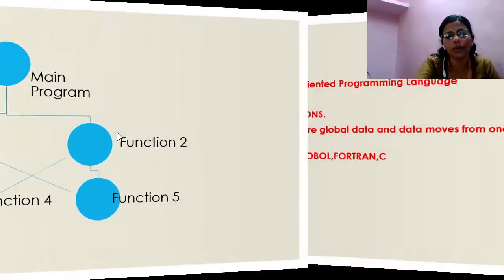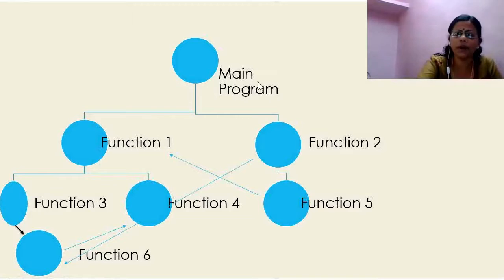I'll show you through a picture. This is my main program. In that main program, I have so many functions. Function 1 maybe to take the value from the user, and a function to do add, maybe to subtract, maybe to divide, maybe to display, maybe to find which is greater. So this program contains many functions.